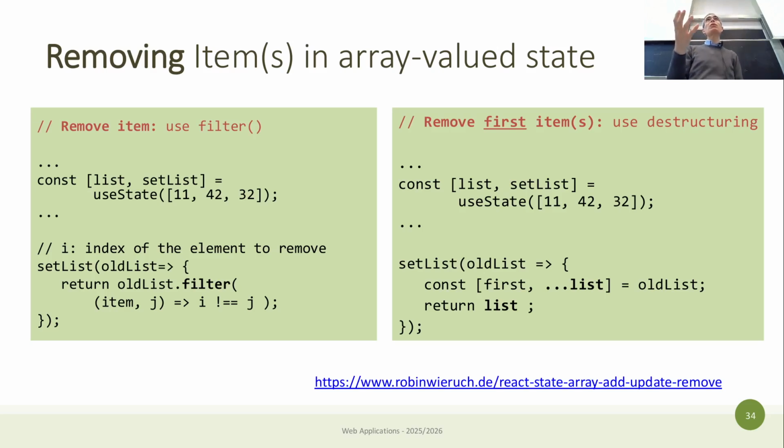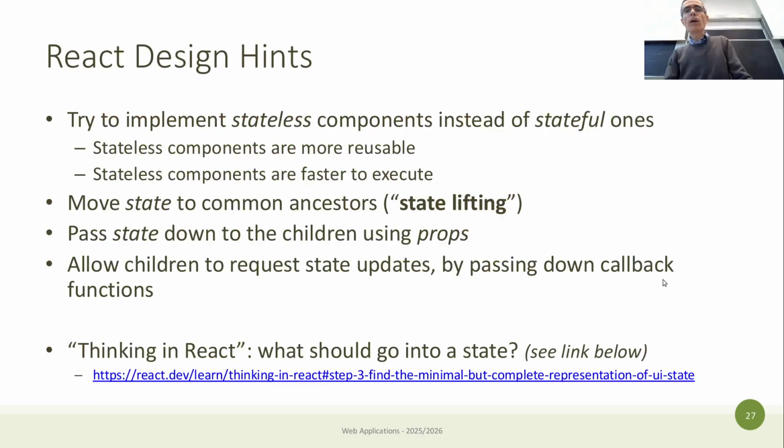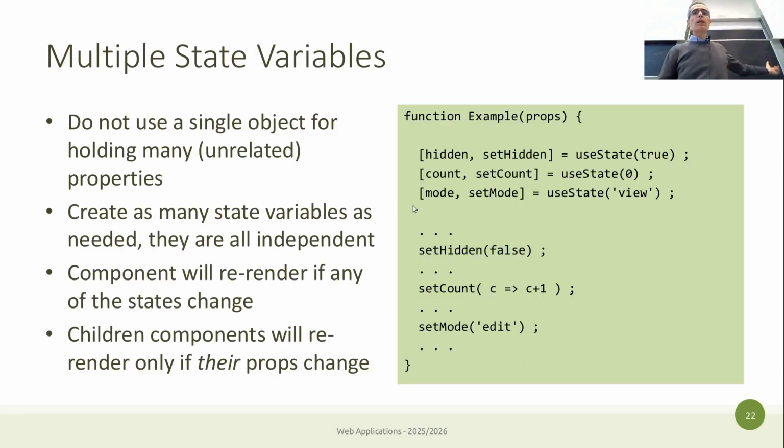So that's all. This is the most complex situation you are going to encounter in your web application, probably. Because if you have a state that is even more complex, you might want to split into smaller states with different useState calls from React. You remember we said hidden, count, mode and so on.